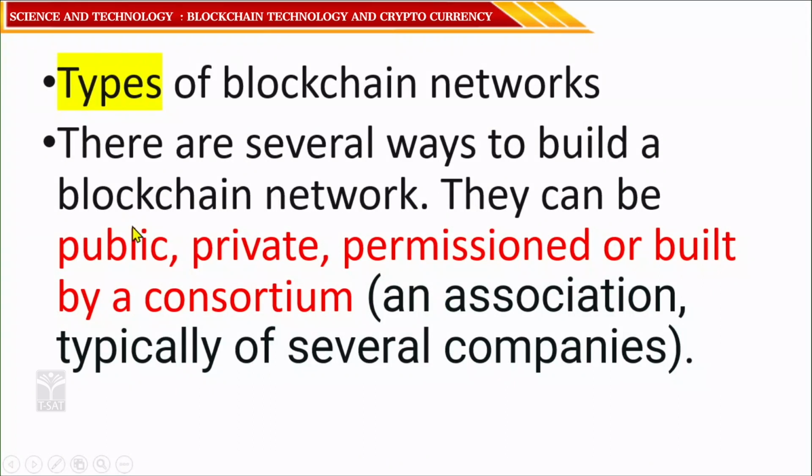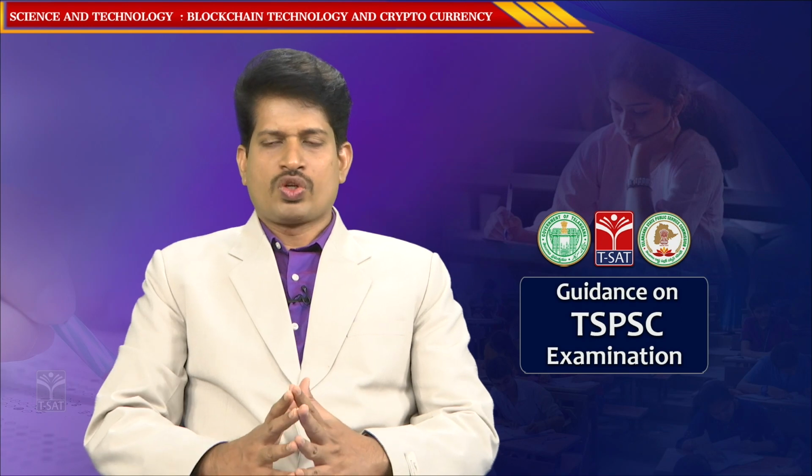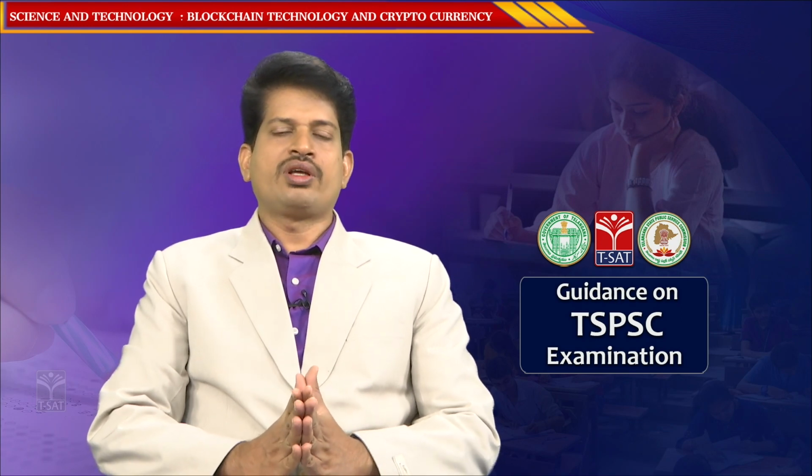So, types of blockchain networks. These are blockchain networks which are public, private, permissioned, and built by consortium. So what is happening here? In the case of a public blockchain, everybody has the choice to enter a domain. For example, Google is a public domain.